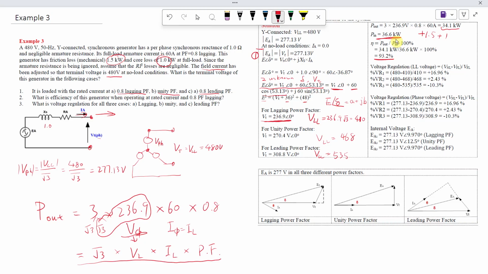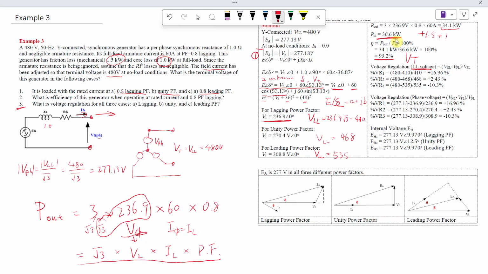Okay, and voltage regulation. The definition of the voltage regulation is, I think this is line-to-line voltage. This is also terminal voltage, in my opinion. And we should use this one to calculate question 3.